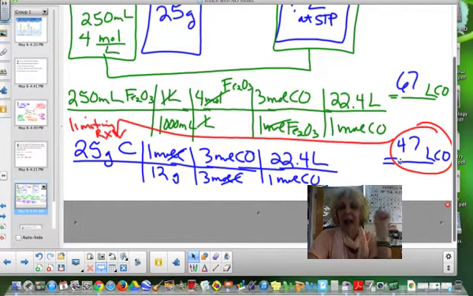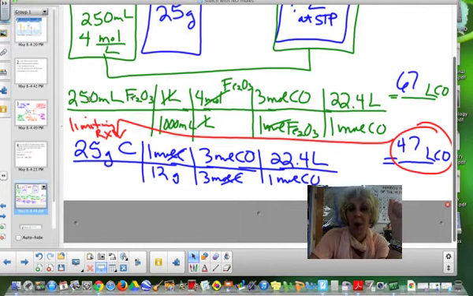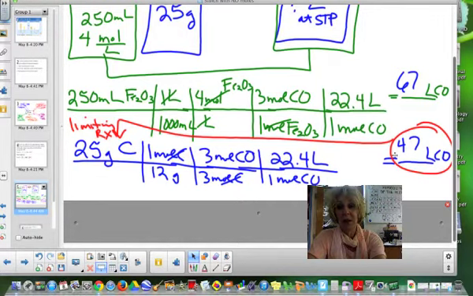This is telling me how much carbon monoxide I can make if I use up all my carbon. This is telling me how much carbon monoxide I'm going to make if I use up all of my Fe2O3. Obviously, I'm only going to be making 47 liters of carbon monoxide because I am going to run out of carbon. Carbon is my limiting reactant.